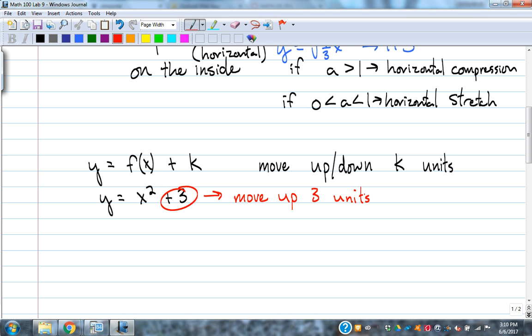Again, if it's on the outside, not happening directly to x, then we're moving vertically. Where if it were y equals x squared minus 4, then minus 4 is going to move us down 4 units.